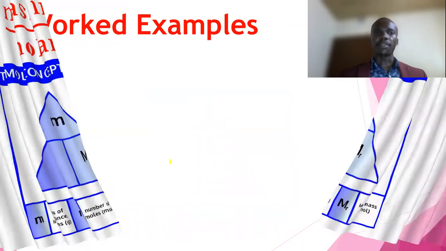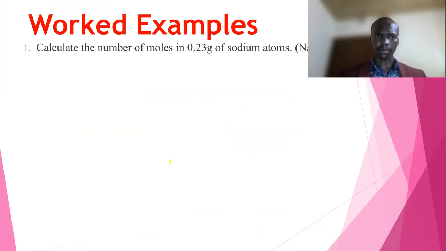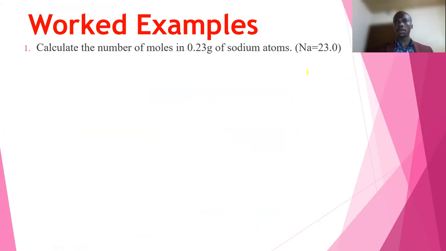We have some worked examples. For example, the first one: we are required to calculate the number of moles in 0.23 grams of sodium atom. Sodium atom is written like this.